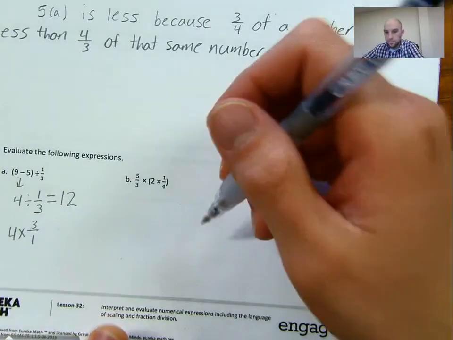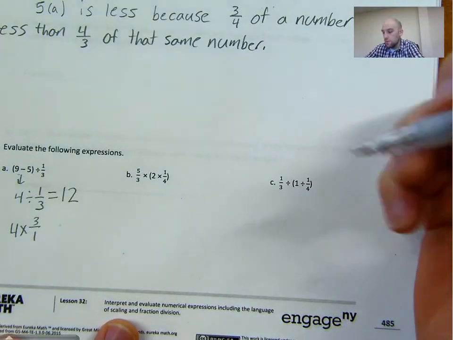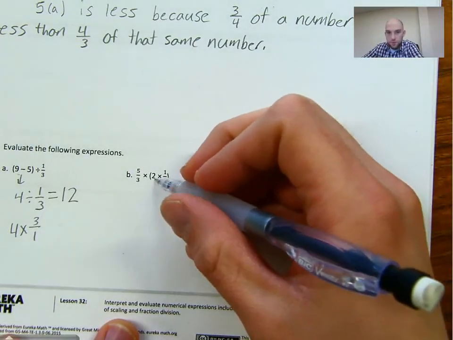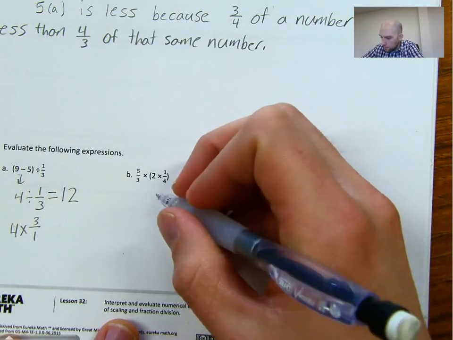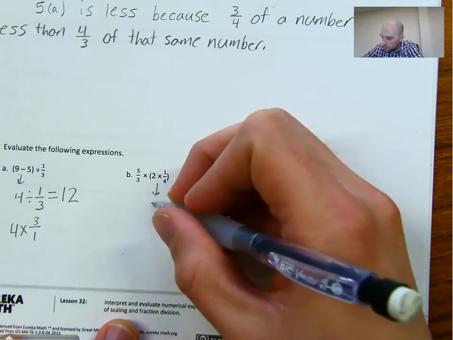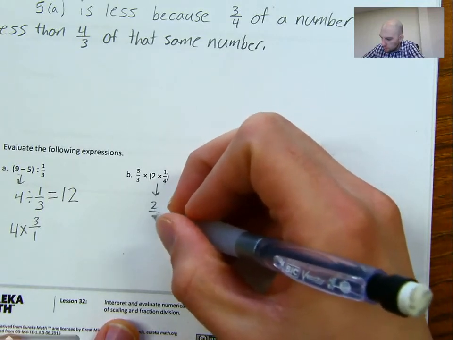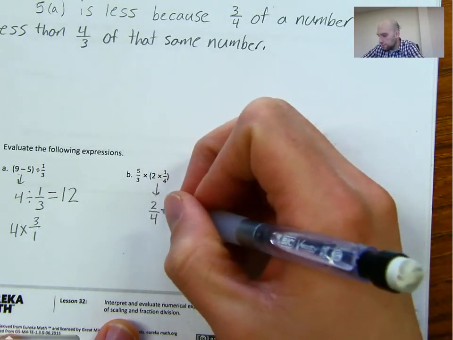Letter B says 5/3 times 2 times 1/4. So first we're going to take 1/4 of 2. This is going to give us 2/4, which is really 1/2.